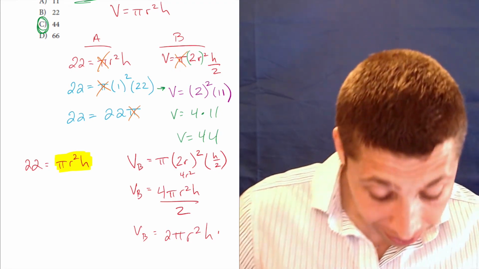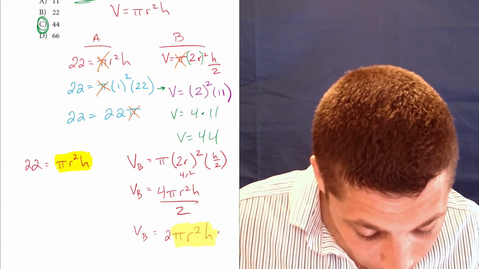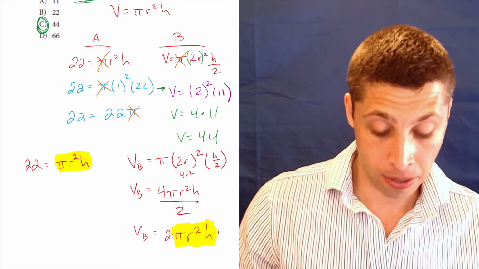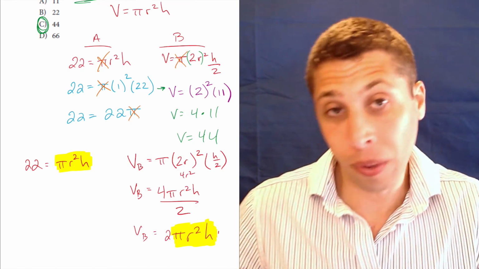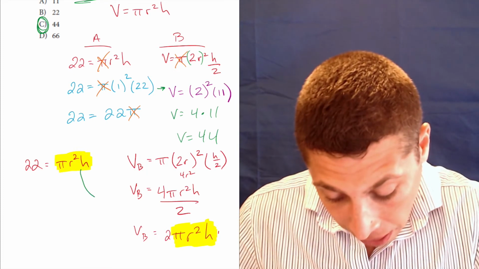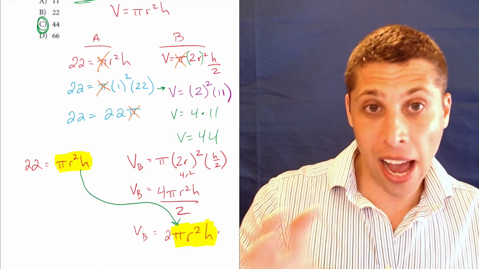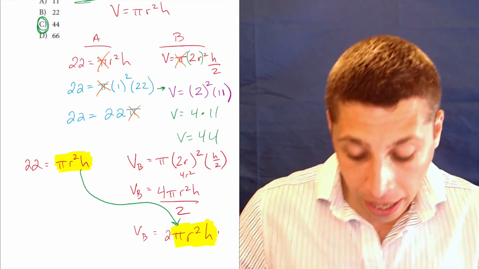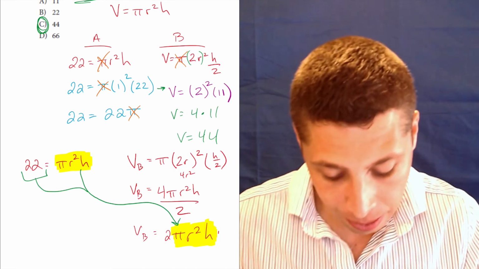And we have that same unit on the right, pi r squared h. So I can do substitution. And it's going to be a weird kind of substitution that in math class in school you don't do very often, but I'm going to substitute pi r squared h as a unit here. And I know that pi r squared h is equal to 22, so I can make that substitution.